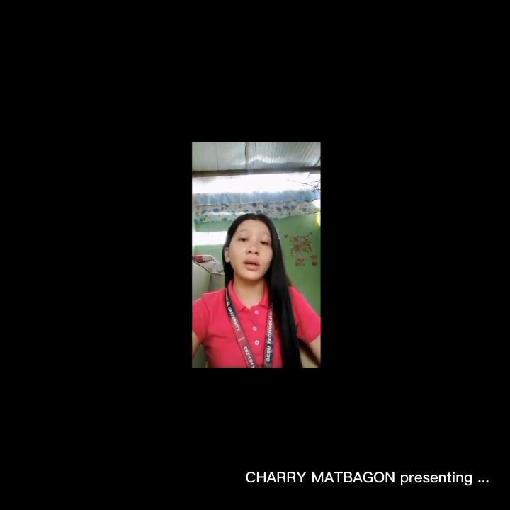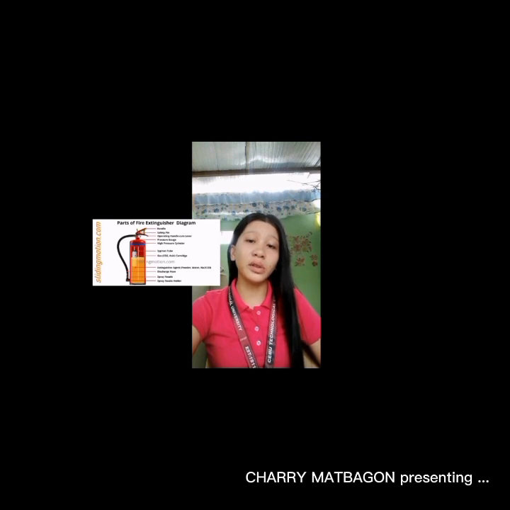So we have here the essential parts of extinguisher, which are the first one is the handle, and the second one is safety pin, and the third one is operating handle cam lever, and then followed by pressure gauge, and then high pressure cylinder, siphon tube, gas or CO2 acid cartridge, extinguisher agent, and then discharge hose, and then spray nozzle, and lastly spray nozzle holder.